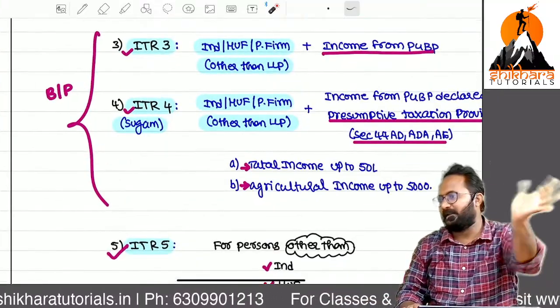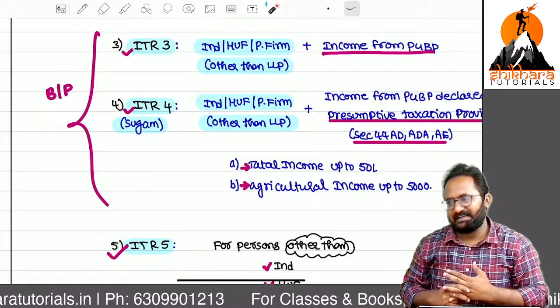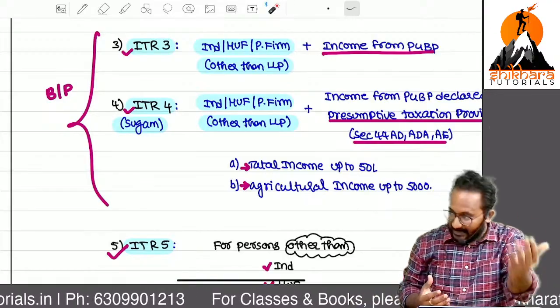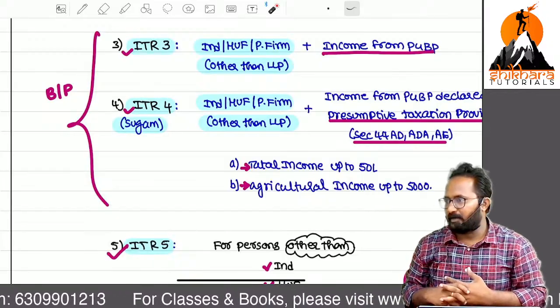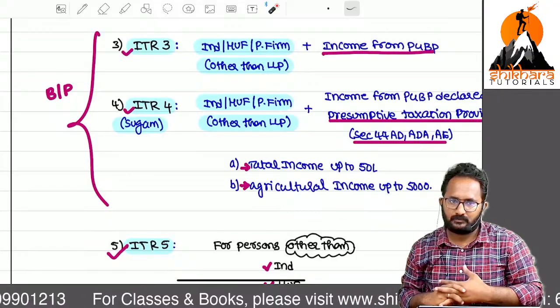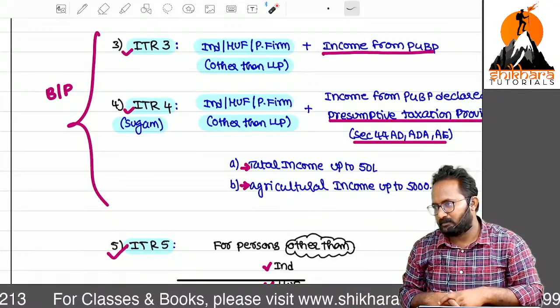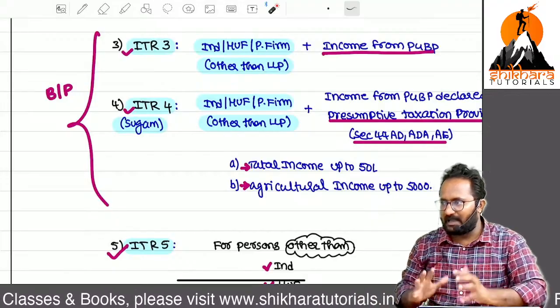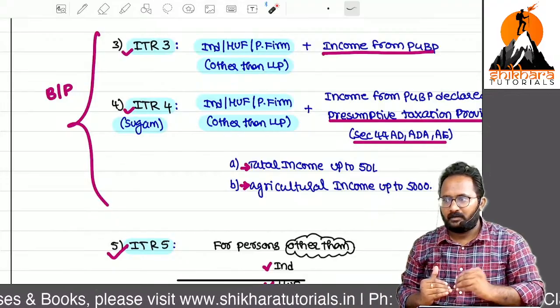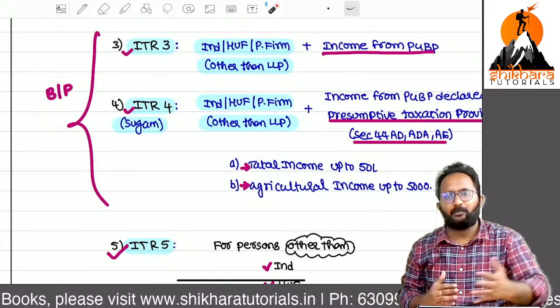Companies, general companies, ma: ITR-6. Companies claiming exemption under section 11: ITR-7. Charitable trust, news agencies, political party. An individual having business income, declaring that income based on presumptive taxation provisions.